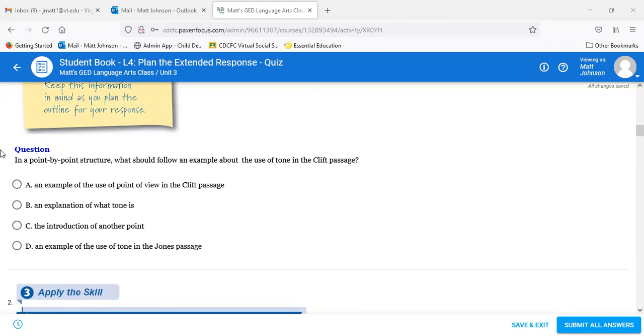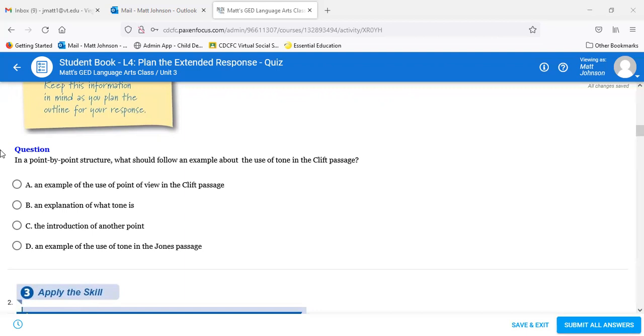A, an example of the use of point of view in the Cliff passage. B, an explanation of what tone is. C, the introduction of another point. And D, an example of the use of tone in the Jones passage.